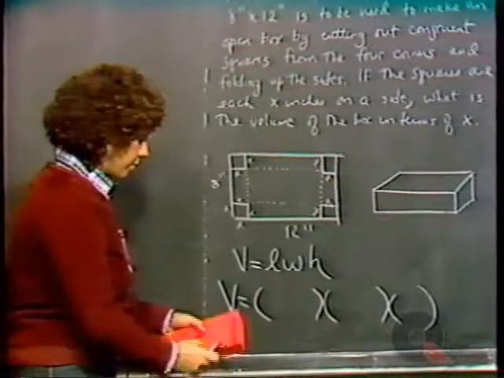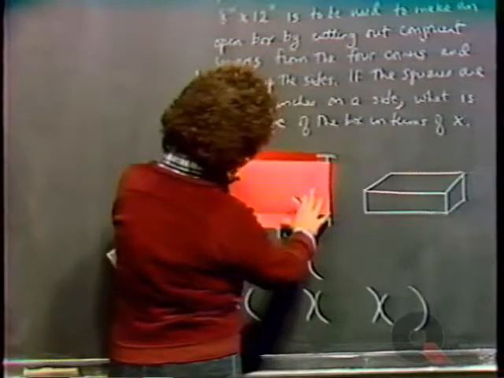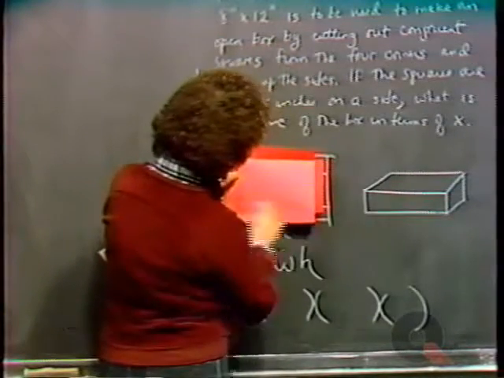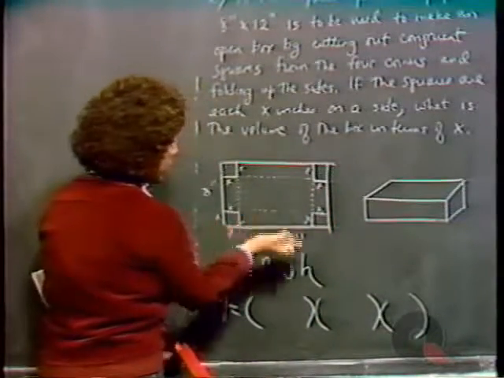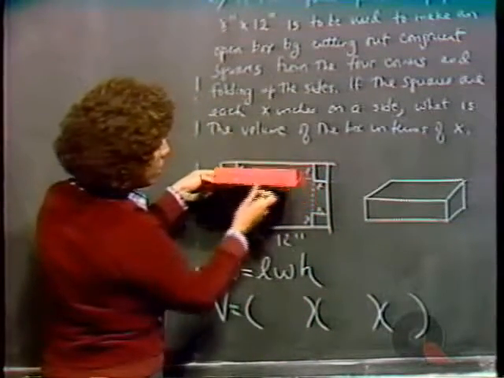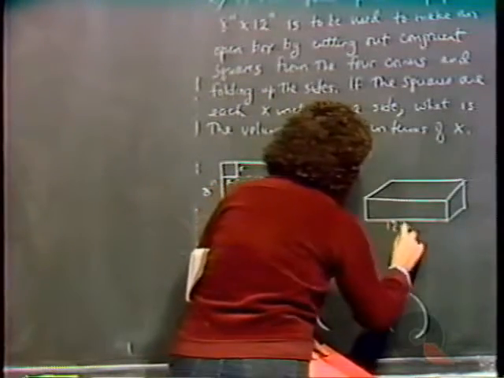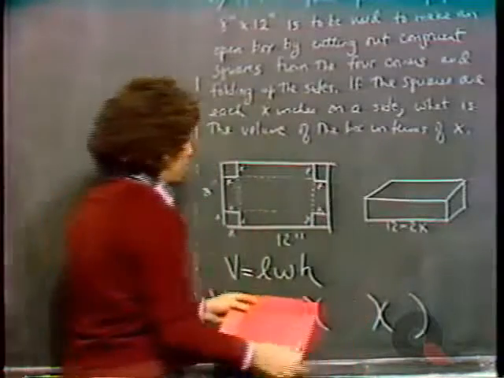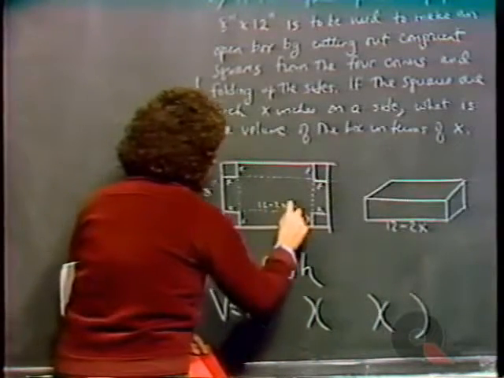Now, you notice that when we cut out the corners here and here, this was originally 12 inches. We cut out x here, and we fold up. We get the length of the box is now 12 minus 2x.